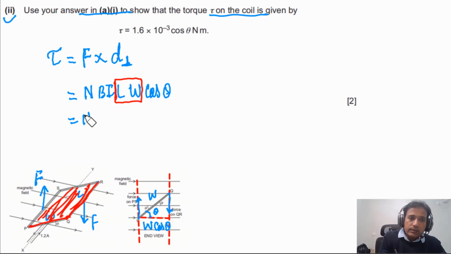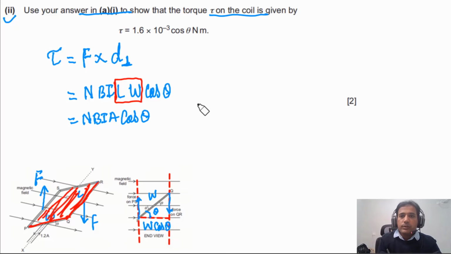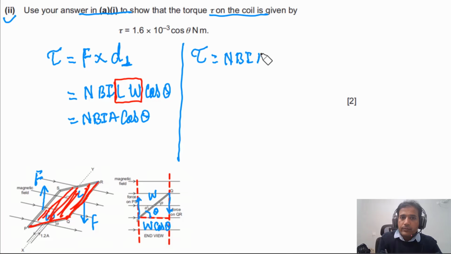So we can say this is NBIA cosine of theta. Now we simply need to plug in values and we will find our answer. So we can rewrite here tau equal to NBIA cosine of theta. We don't need the value of theta because theta stays in the answer.